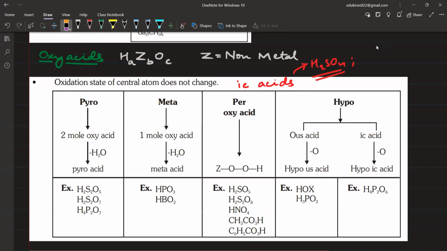Please write this down. What does an ic acid have? For example, if you look here, what is the oxidation state on sulfur? It is +6, right? So ic acids have the highest oxidation state possible.